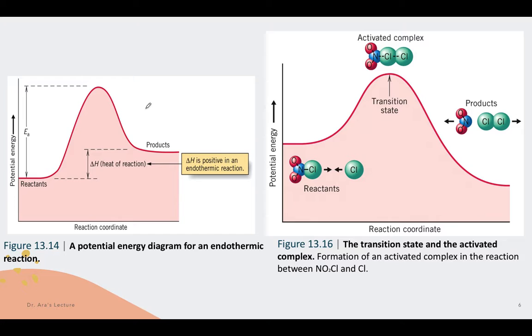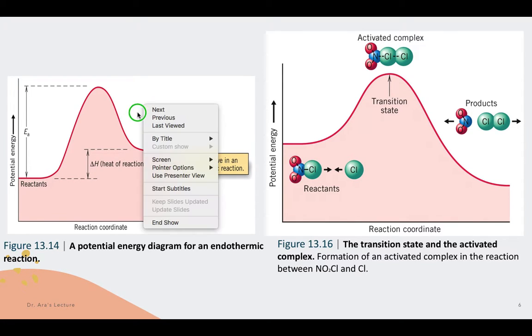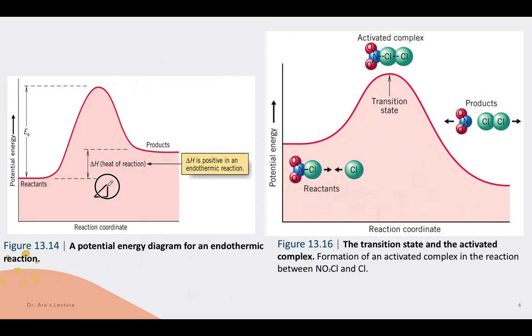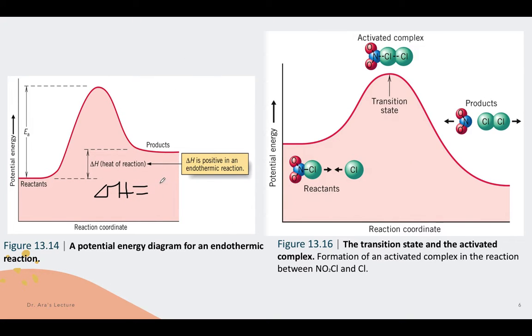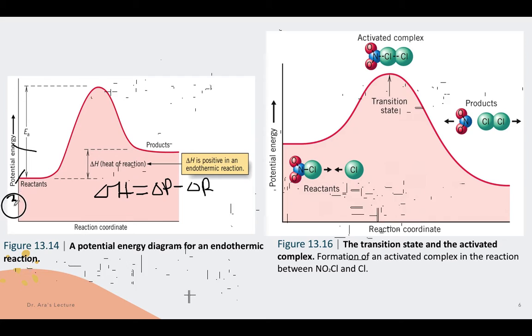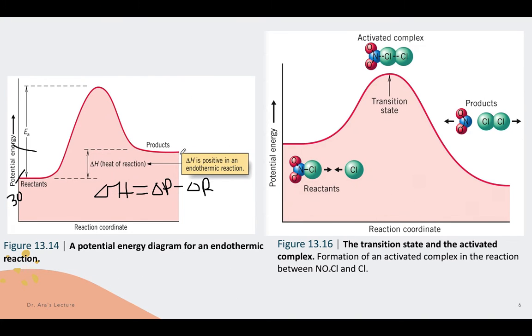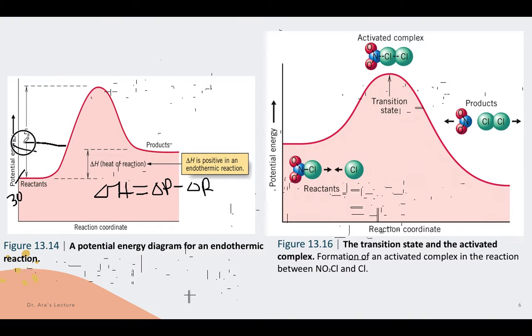So if we consider del H here, and do the same, product minus reactant, just consider this is 30, and this level is 50.